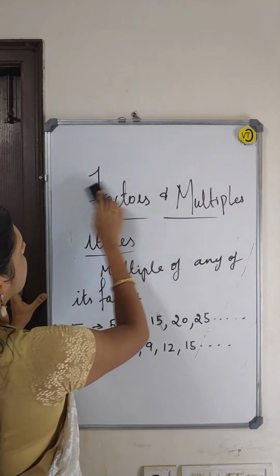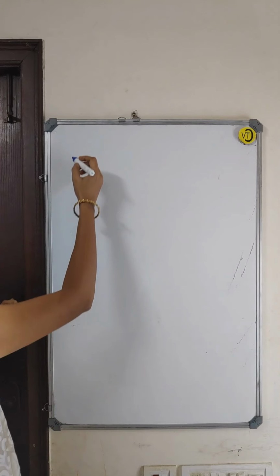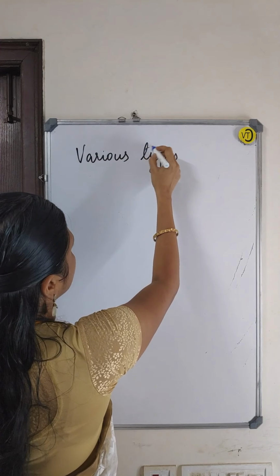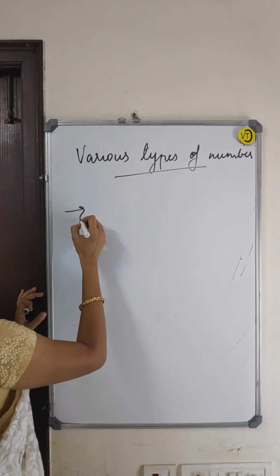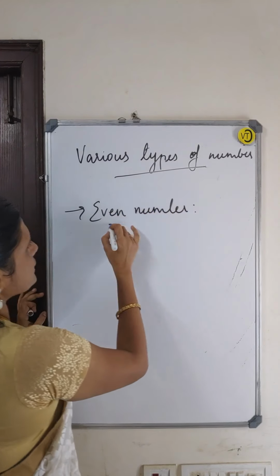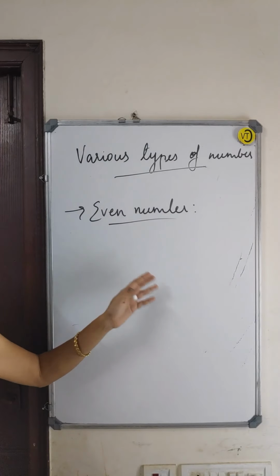Then next is various types of numbers. The first one is even number. What is an even number? The multiples of 2 are called even numbers.